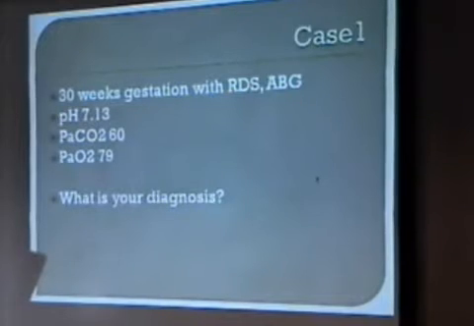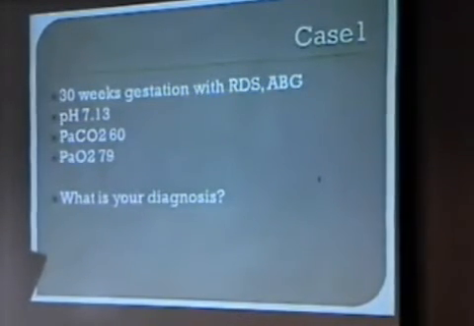How do you decide? Someone said mixed. How do you decide it's mixed? Increase CO2 10, decrease pH by 0.08. So he calculated that the CO2 is 60, which is 20 above the normal, which is 40.